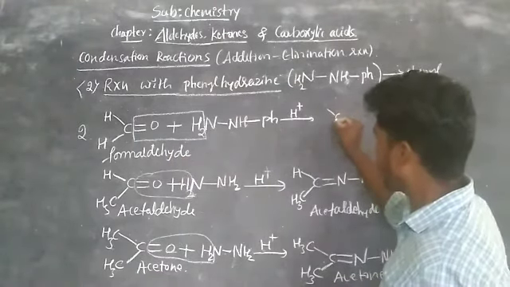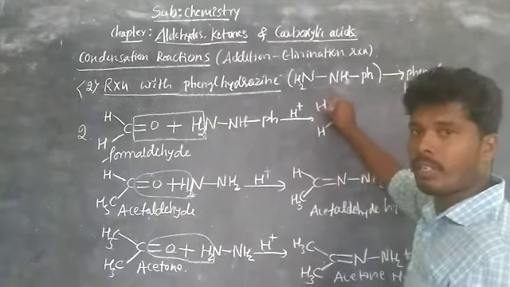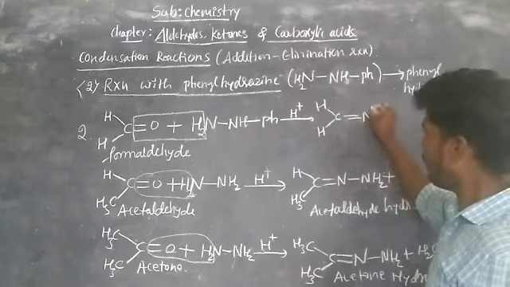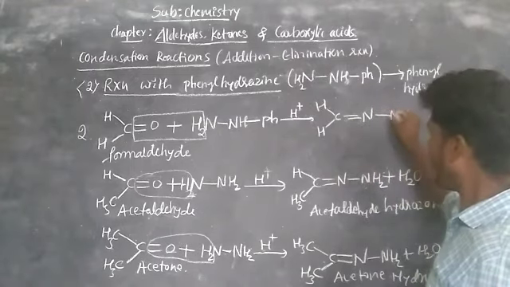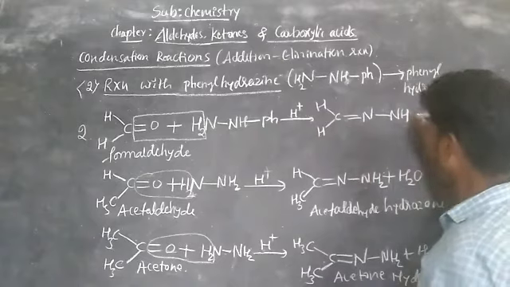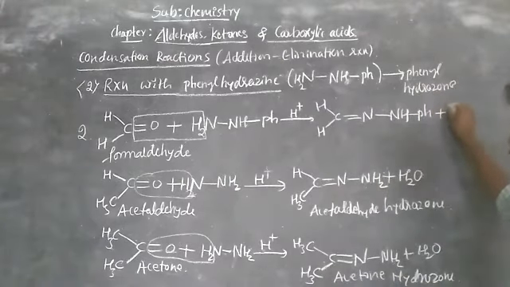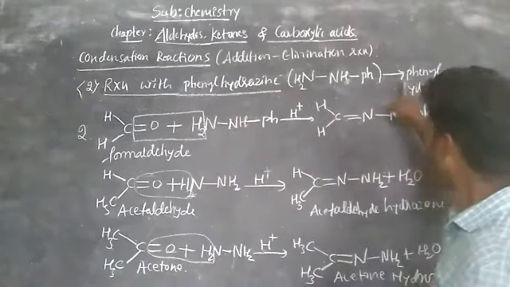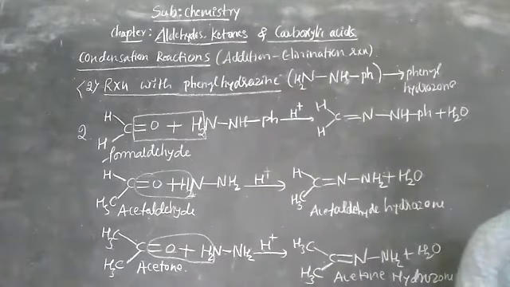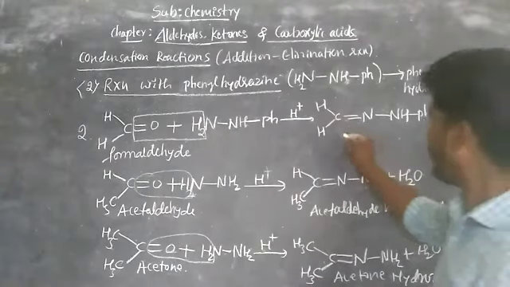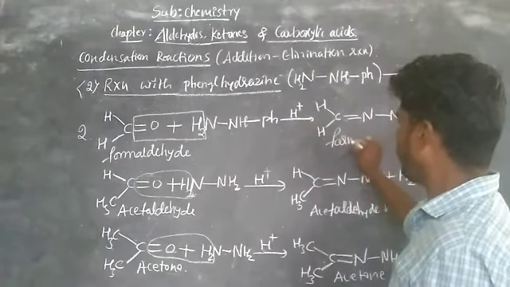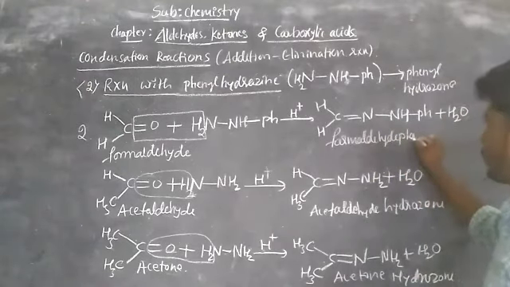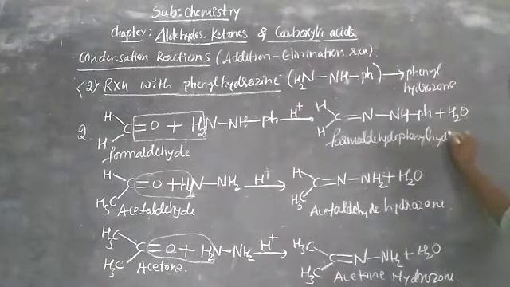Now what do you get here? CH2=N-NH-Ph plus water. What is its name? Formaldehyde phenylhydrazone. Got it?